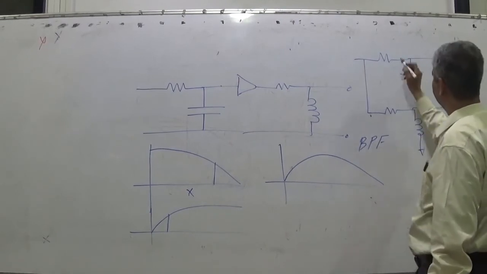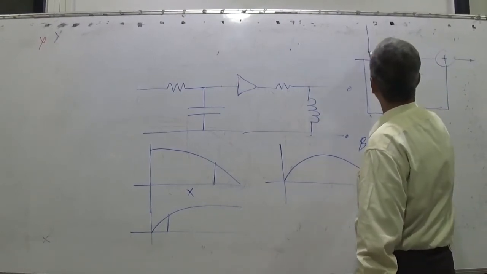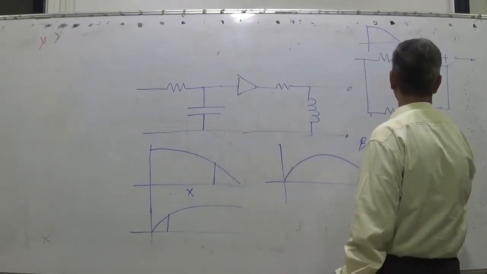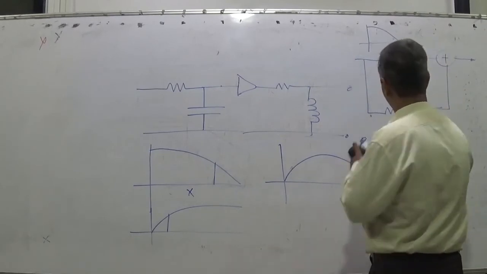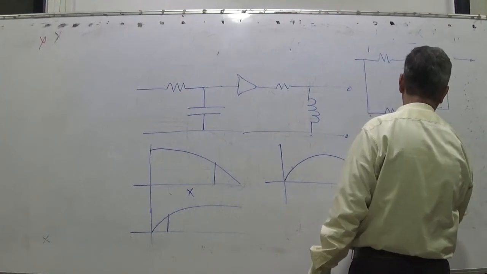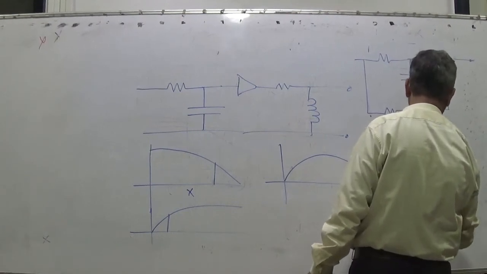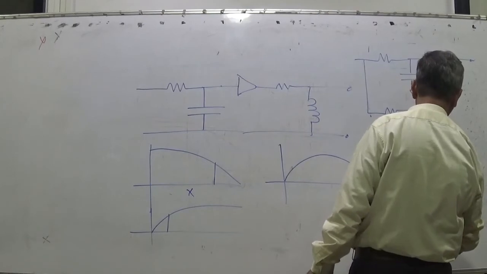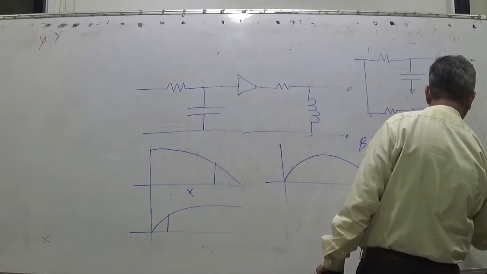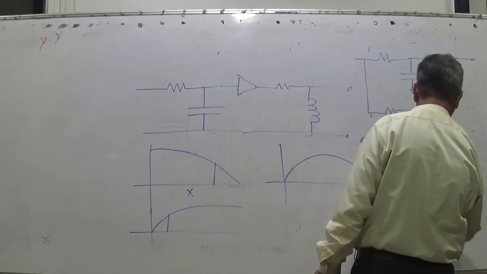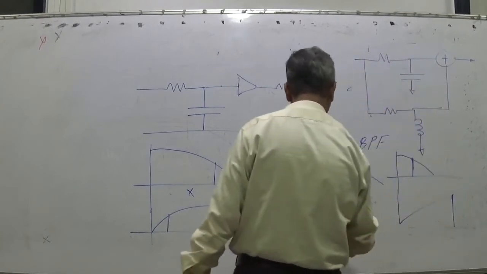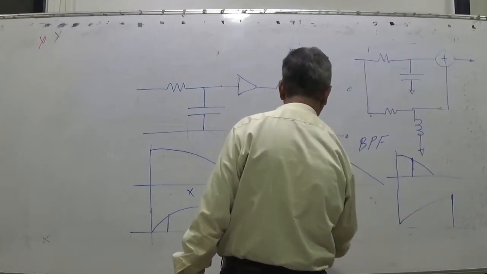If this low pass filter has an upper cutoff which is very low, and this high pass filter has its lower cutoff like this, so the lower cutoff of the high pass filter here and the upper cutoff of the low pass filter here, if I add these two, this would be a band stop filter.